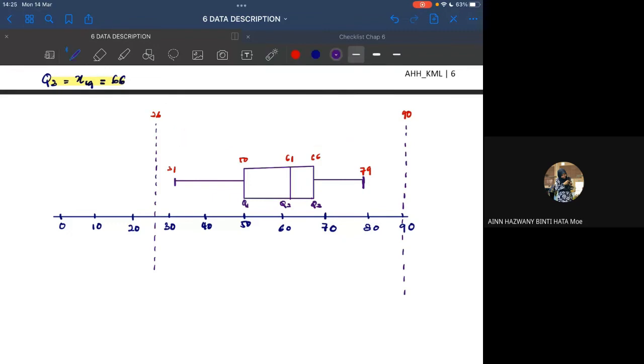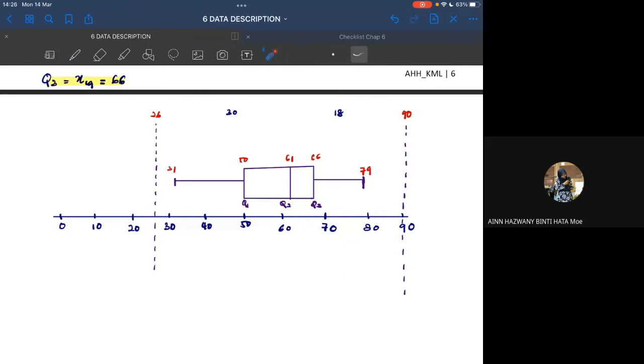Okay, so Q2 61 minus 31 kita dapat berapa? 30. Okay, 61 minus 79 kita dapat 18. So daripada situ kamu boleh tahu yang data kamu lagi kiri lagi besar kan.